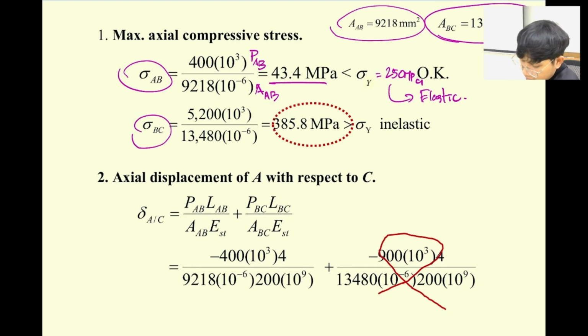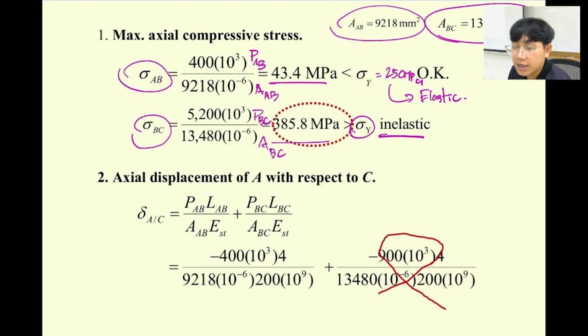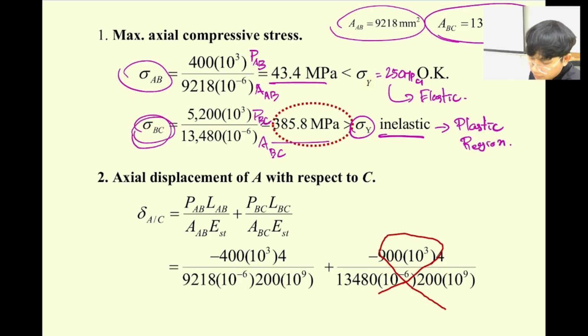And then for BC, we have PBC divided by ABC, and this one is larger than yielding stress, which is inelastic. And this one, we just consider that it's in plastic region, which means our column BC is going to deform to some shape which cannot come back later.